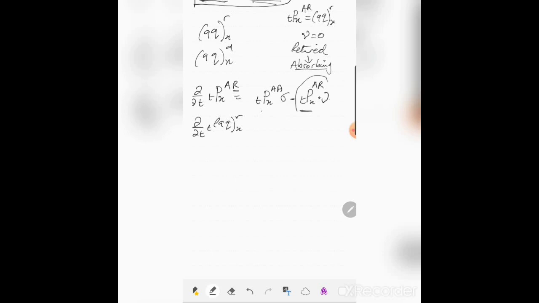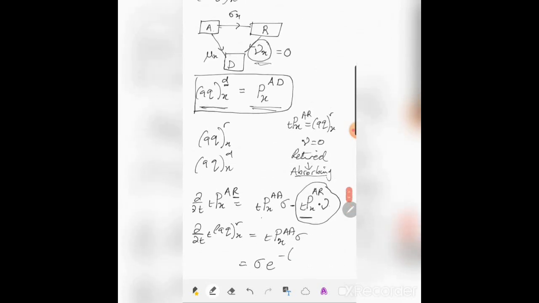This part is not existing. And what is TPX AA? We have already got it as e to the power of minus summation of all the transition intensity.